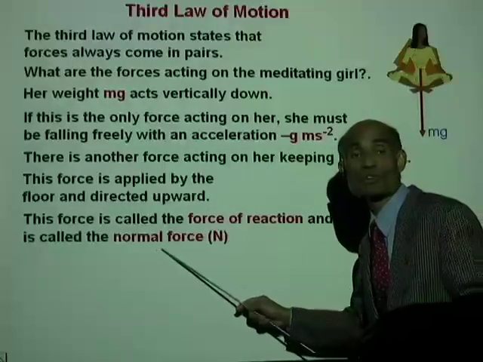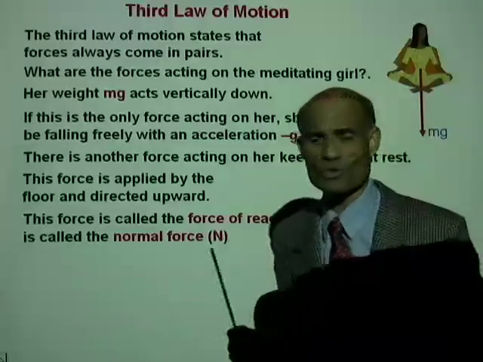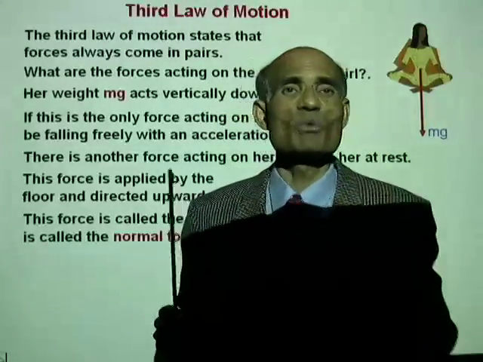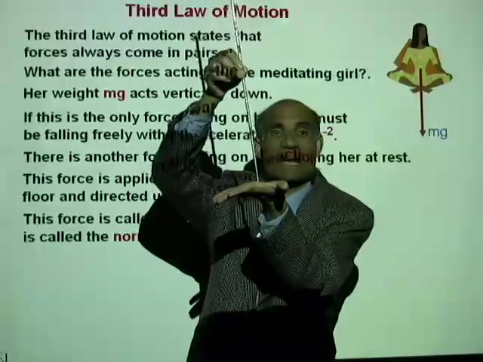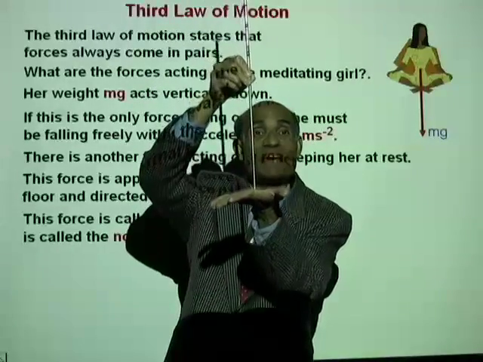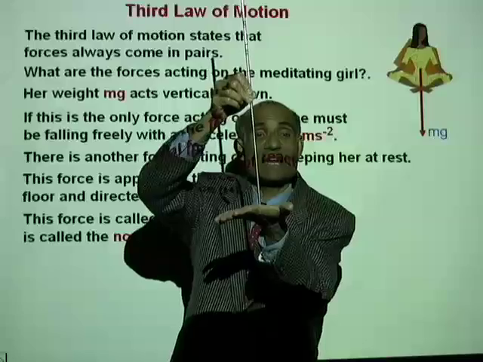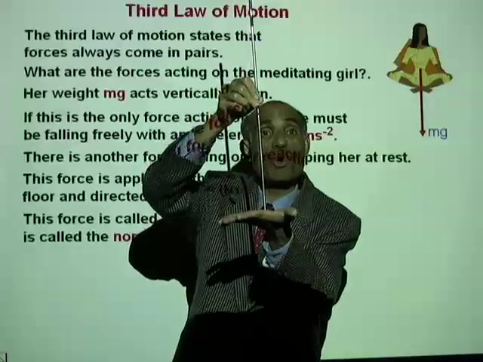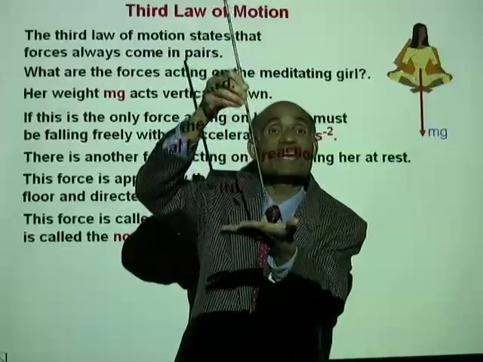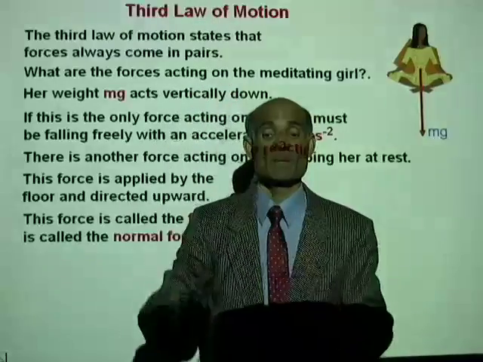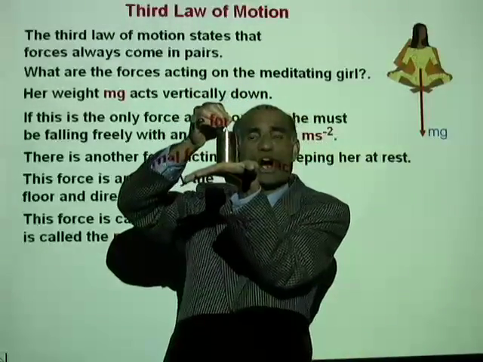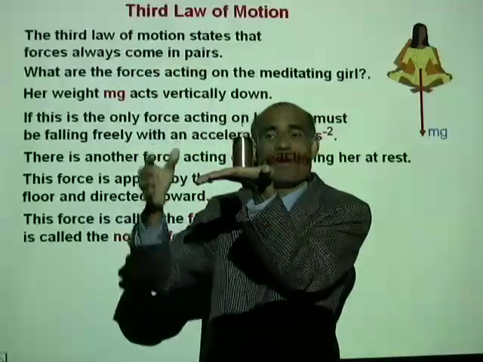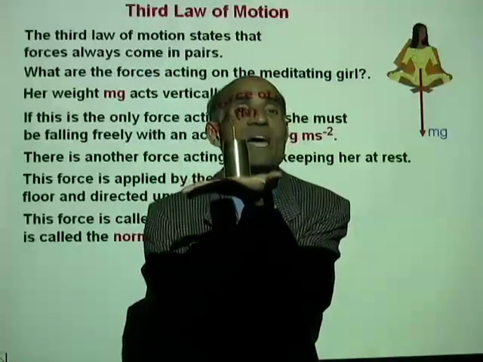And we also call it the normal force. What is the meaning of the normal force? It means that force is at right angles to the surface where she is sitting. You see that? That is why it's called the normal force. A normal is a perpendicular. So, when this mass is sitting on my hand, what are the two forces there?